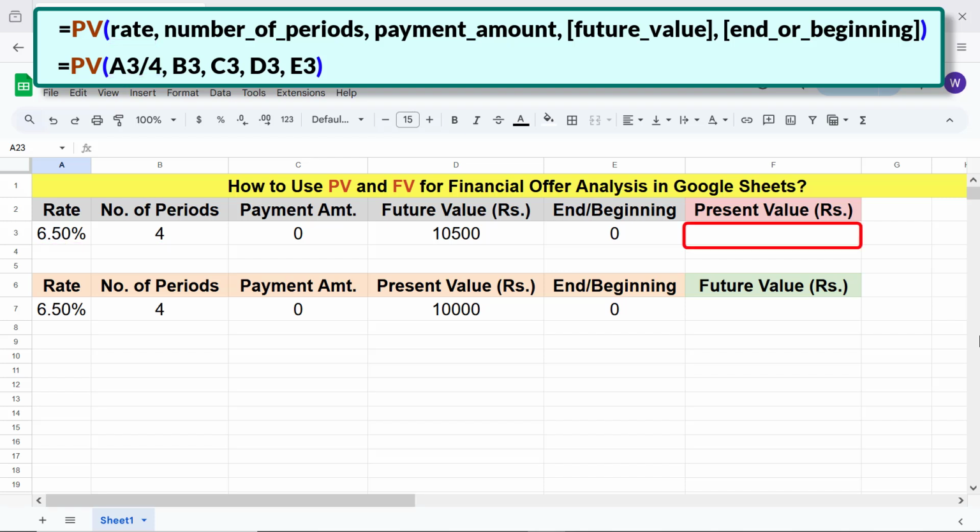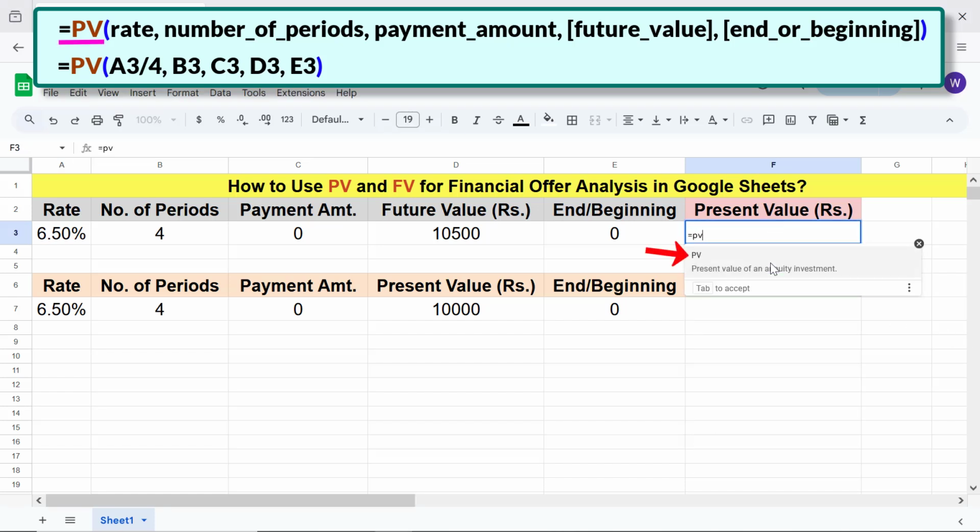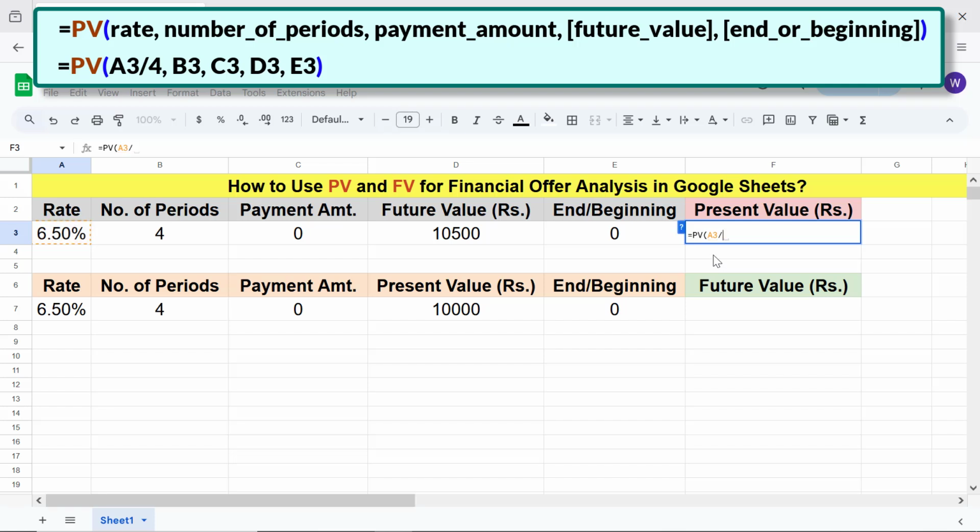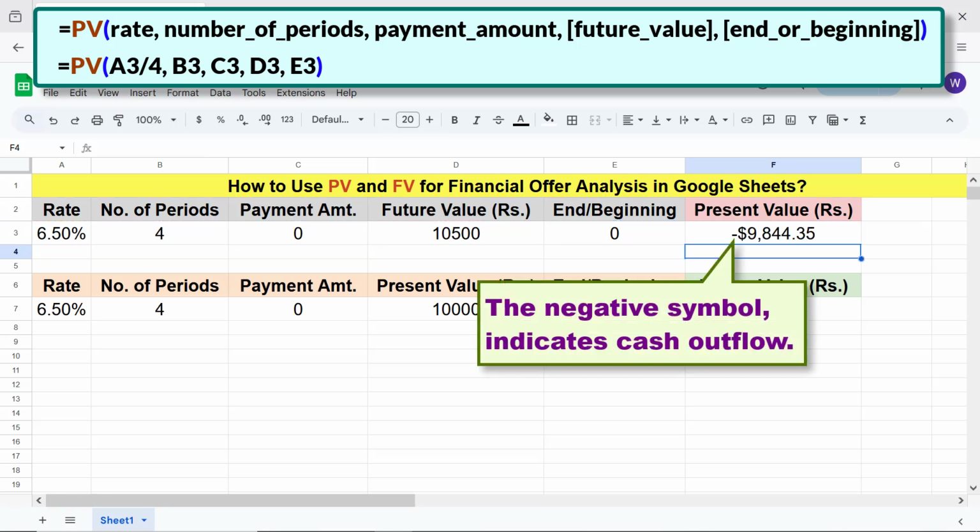Let me type the formula. The negative symbol indicates cash outflow.